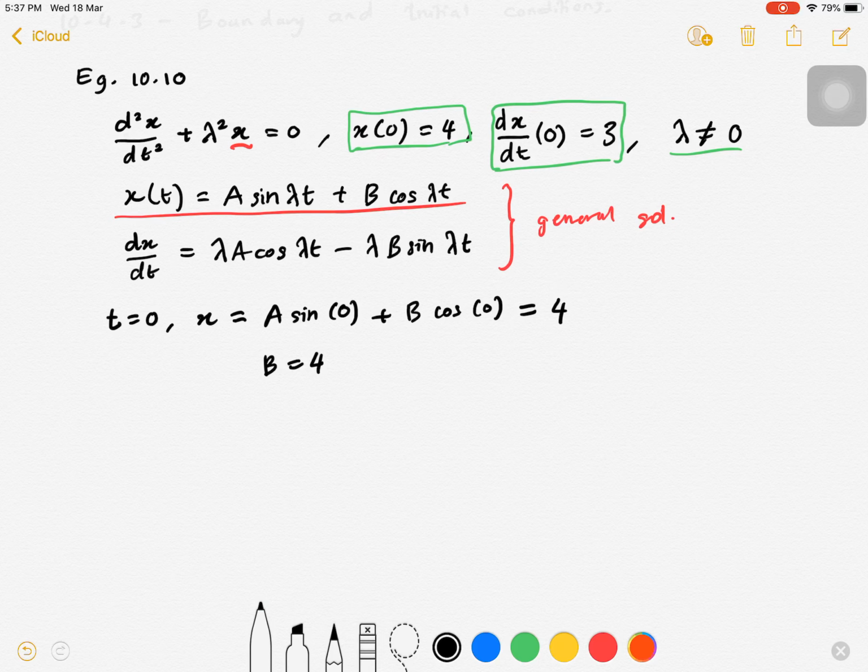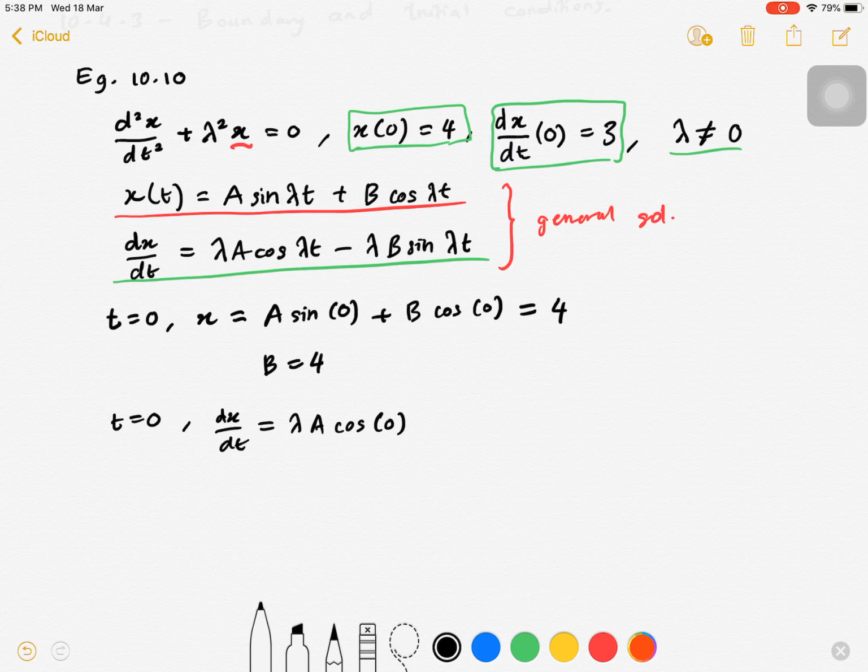So we use this formula, and when t is equal to 0, dx/dt is equal to lambda a cos 0 minus lambda b sin 0, and this all is equal to 3.